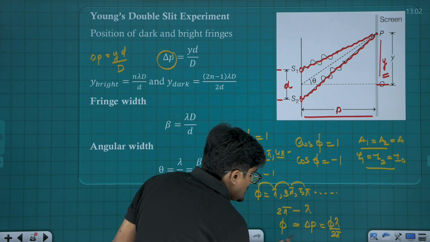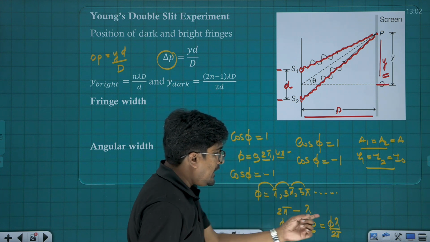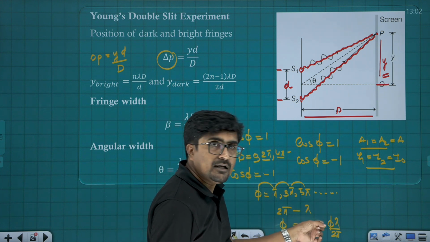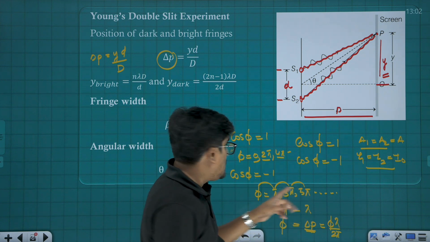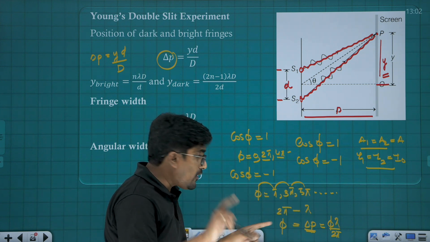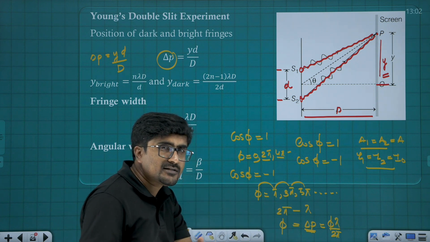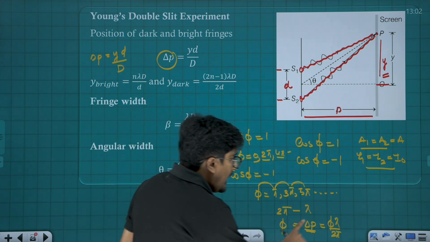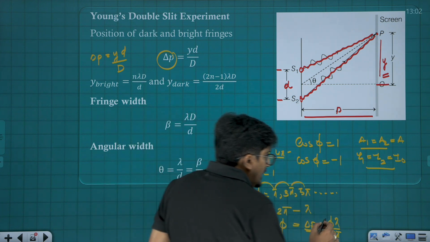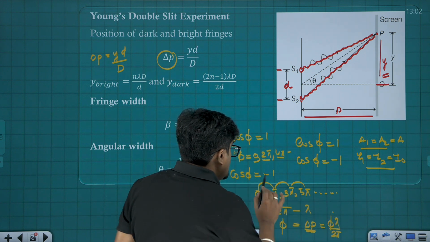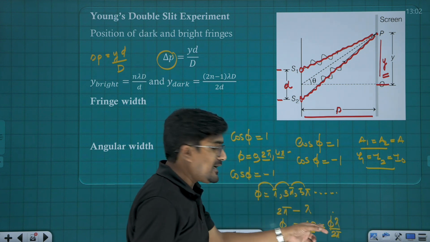Now just try to understand the situation. If phi is 0, then the path difference is also 0, so it is bright. Next, let me take phi as 2 pi.